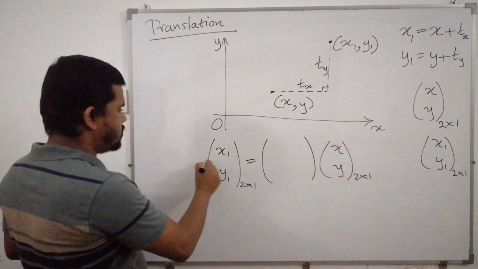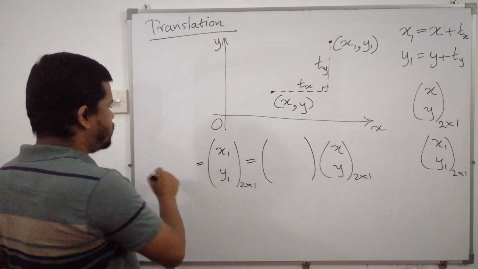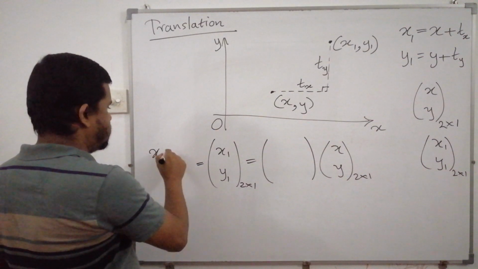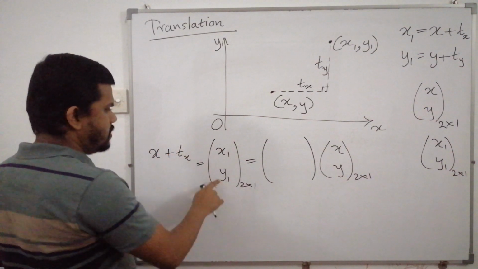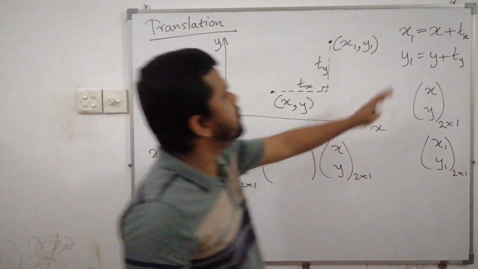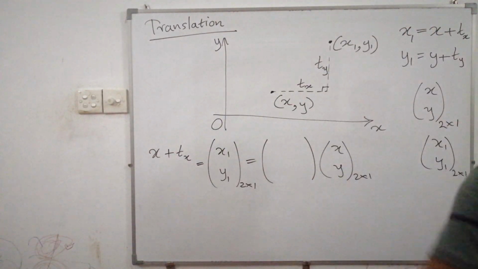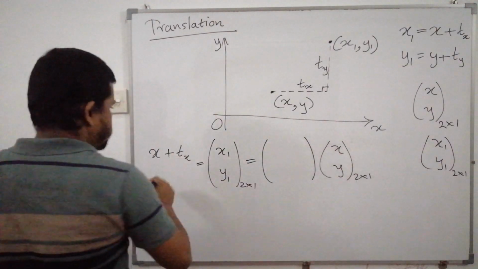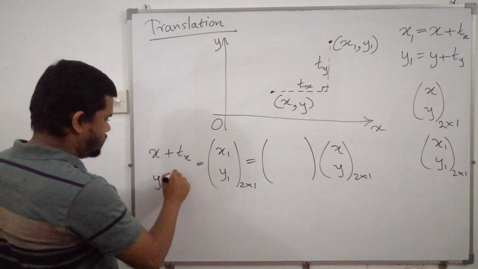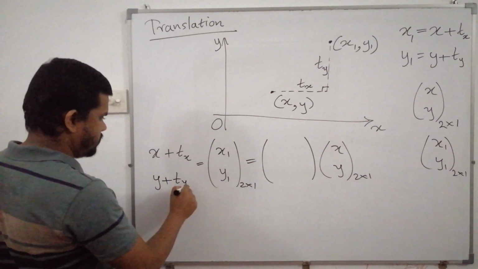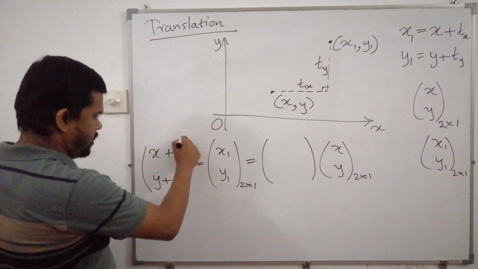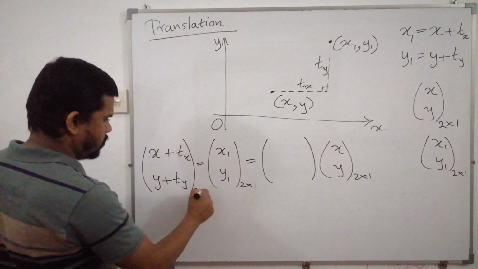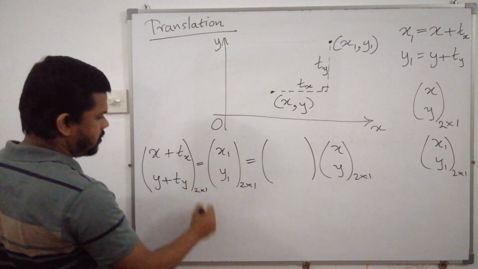This one means, again, x1 means x plus tx, y1 means y plus ty. So here we have a 2 cross 1 matrix.